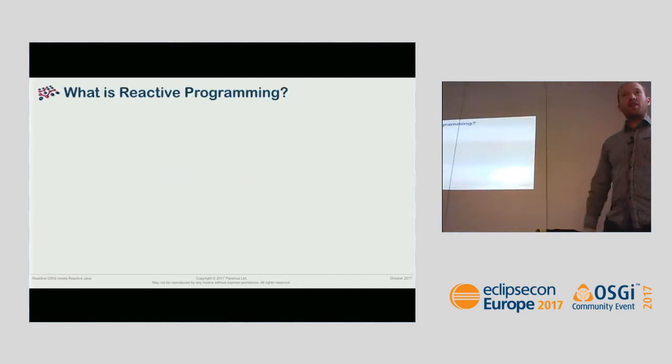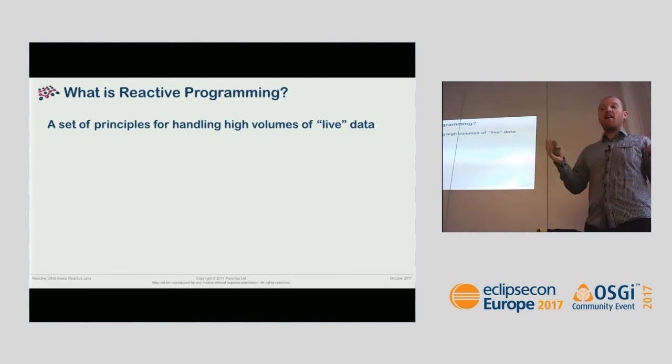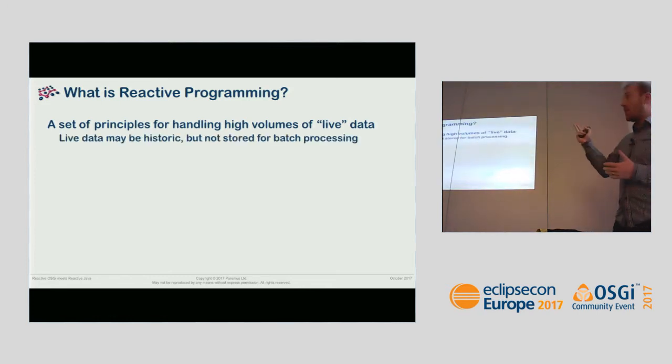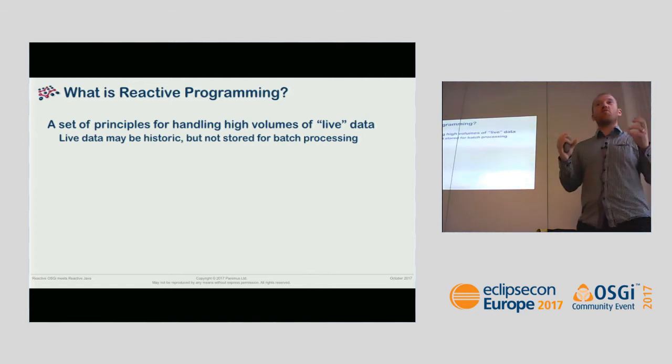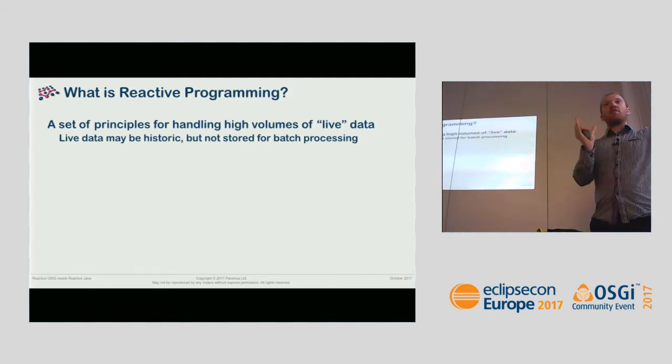So, a quick introduction to reactive programming. Firstly, what is it? Well, it's basically just a set of principles. You've got large volumes of live data, where live means it's happening now or very recently. And it might be historic, but the whole point is you're not storing this and batch processing it later. You're trying to do something as a result of stuff that is really happening or happened at a historic point of time, but you're replaying it as if it's live.